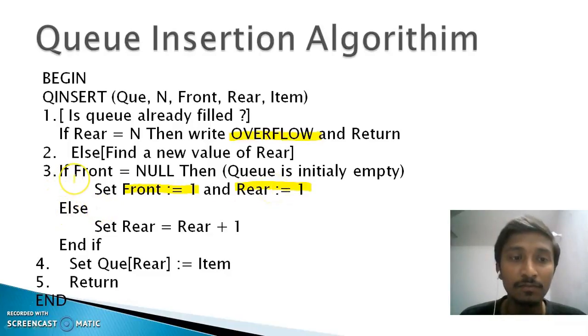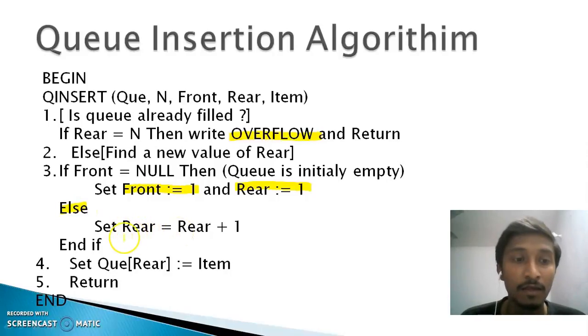Else, if the queue is not empty, meaning there are some elements in the queue, then what happens? Set rear is equal to rear plus 1.